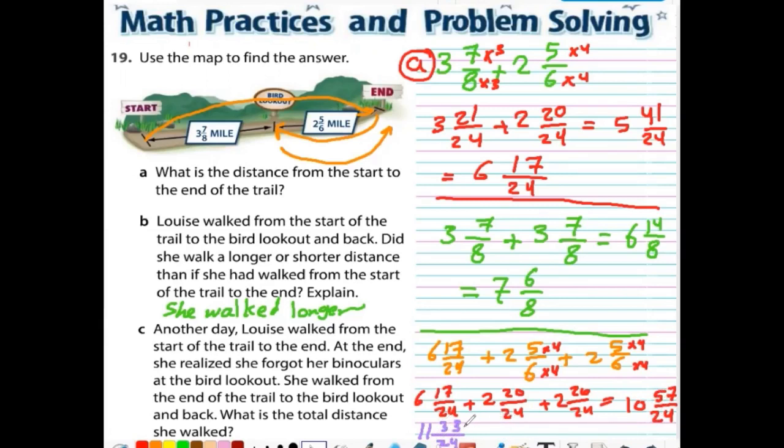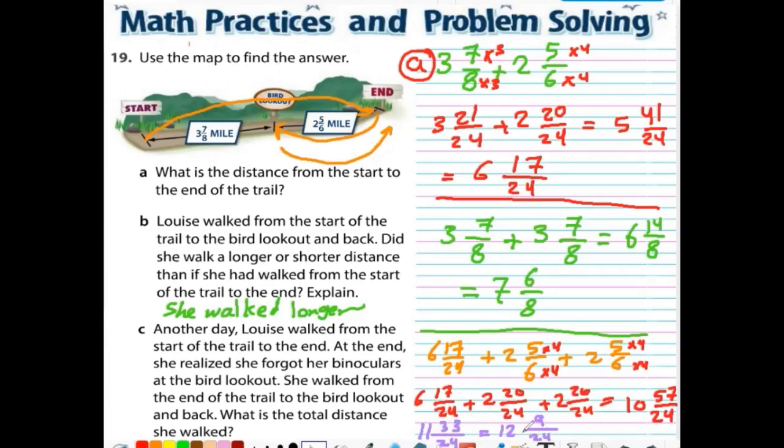The number up is still bigger. What should I do? Subtract again and add 1. So it's going to give you 12. And 13 minus 4 is 9, and 2 minus 2 is 0, over 24. So it's 12 and 9 over 24.